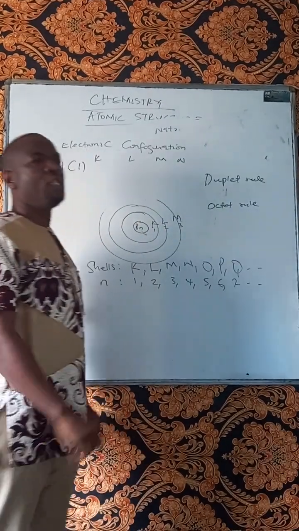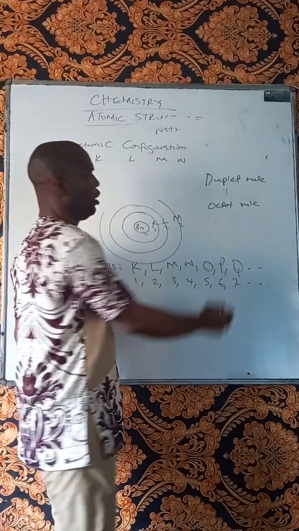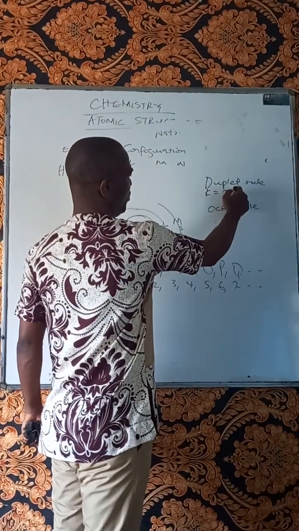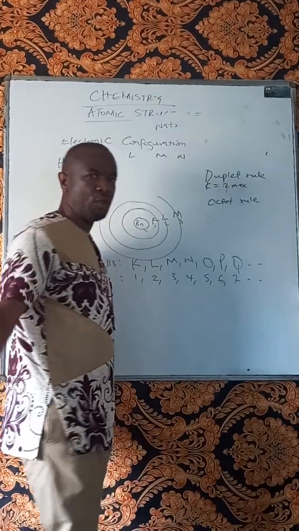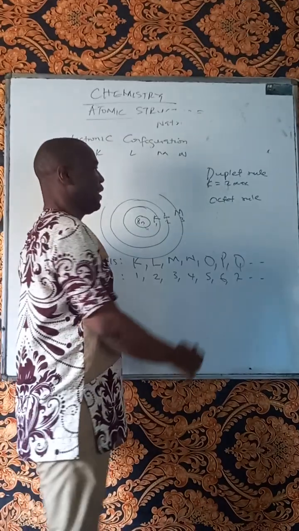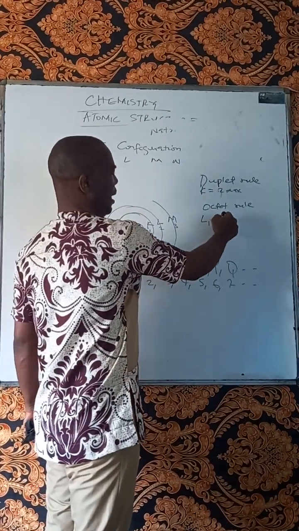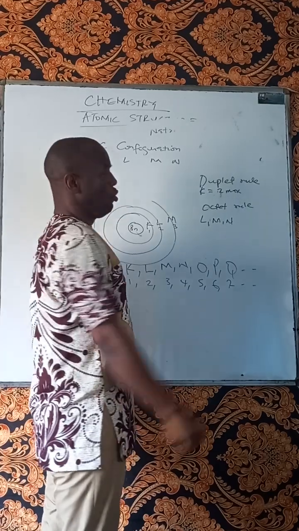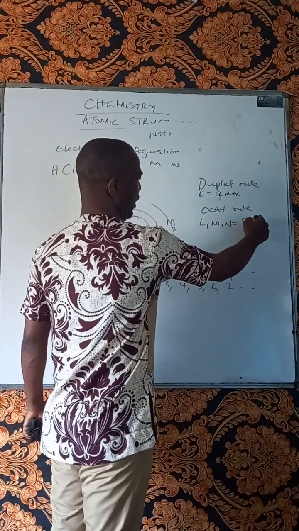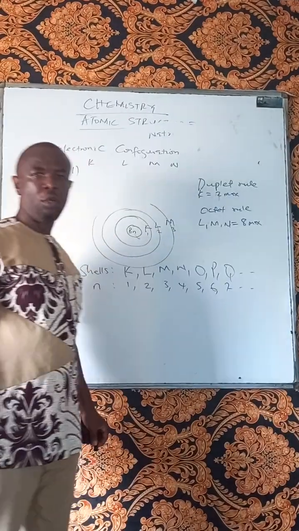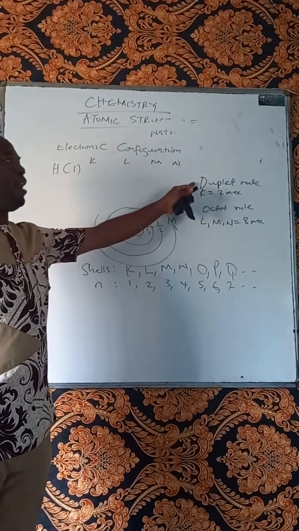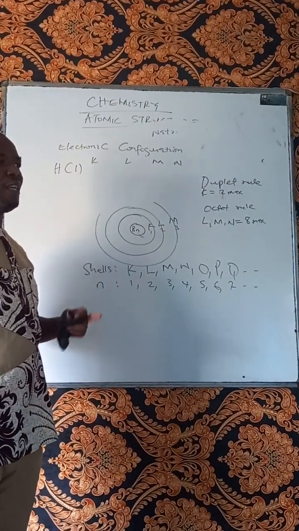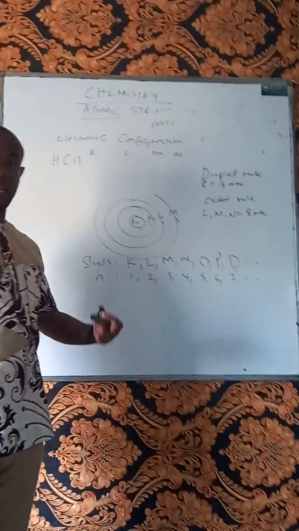Duplet rule specifies that the K shell should take a maximum of 2 electrons. Octet rule specifies that the L, M, and N shells should take a maximum of 8 electrons. So we make use of the duplet and octet rule in writing the electron configuration of the first 20 elements.